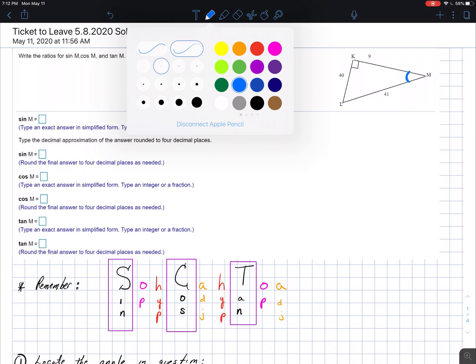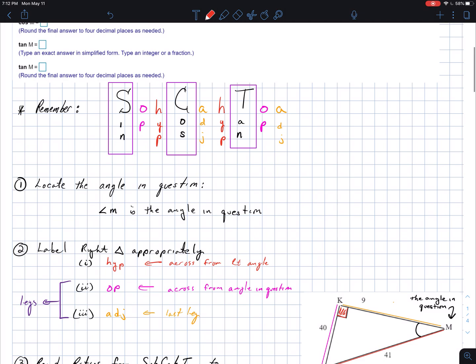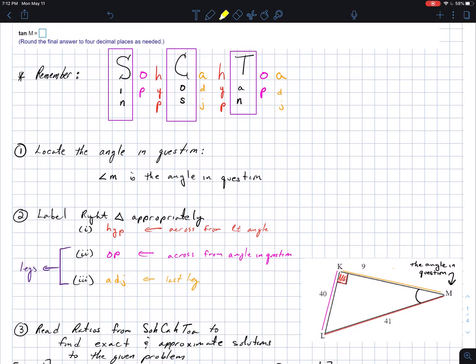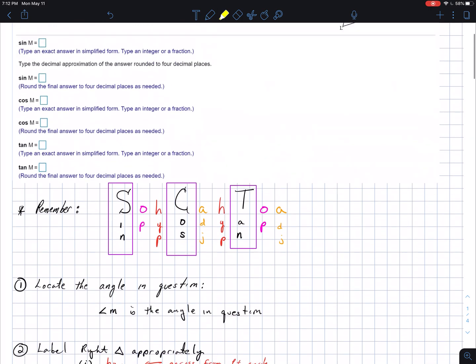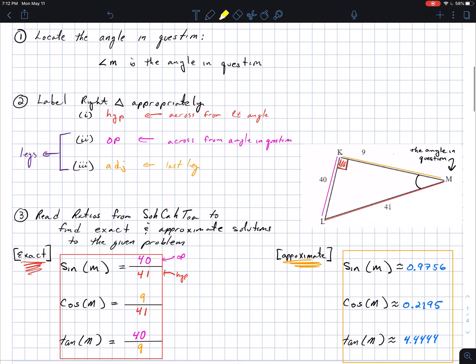Now, what I'm going to do is start to label the triangle appropriately, based on that angle. Let's break it down here.